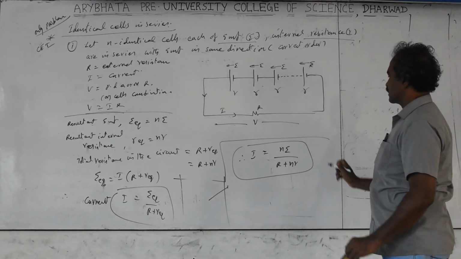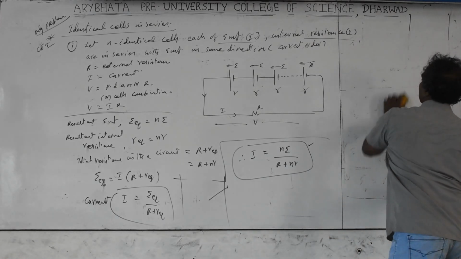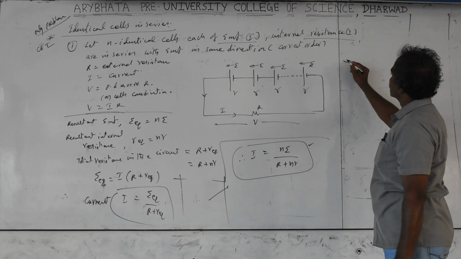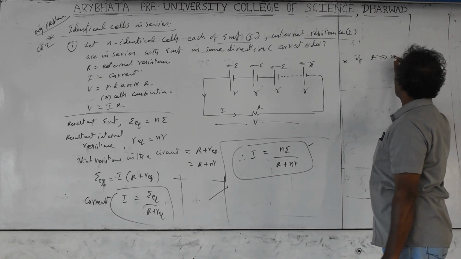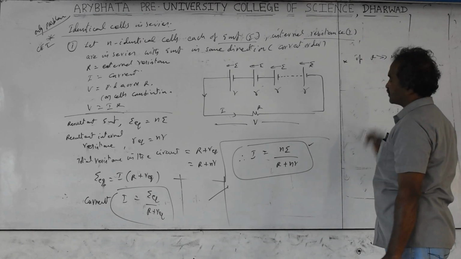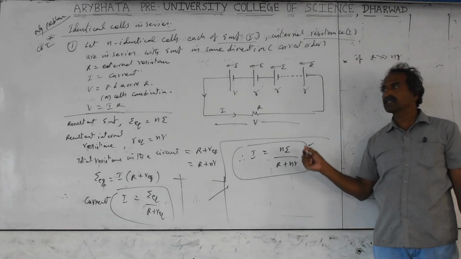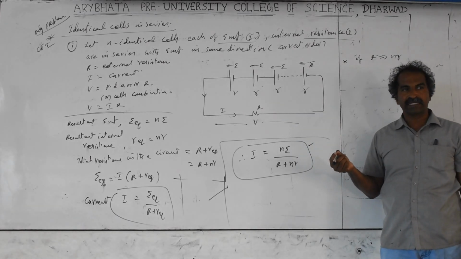There are special cases. This you have to remember when n identical cells are in series. In this, if R is much greater than nr, we take approximations. External resistance is much greater than the internal resistance. Sometimes internal resistance is very small, less than 1 ohm, like 0.1.